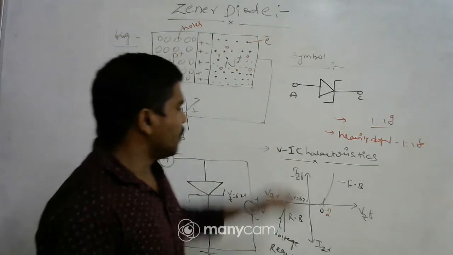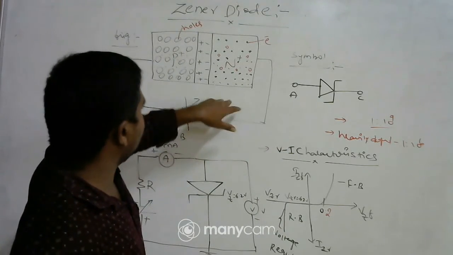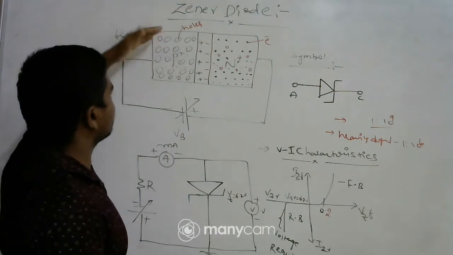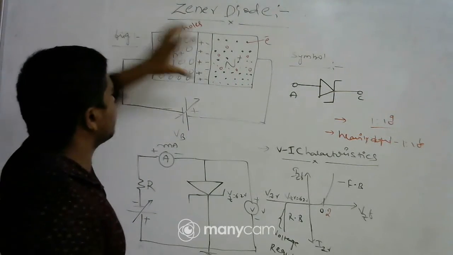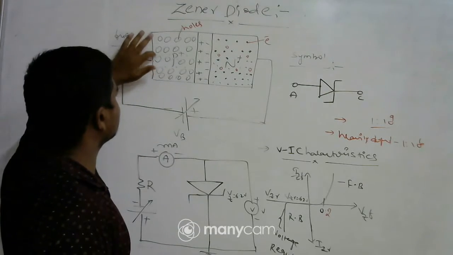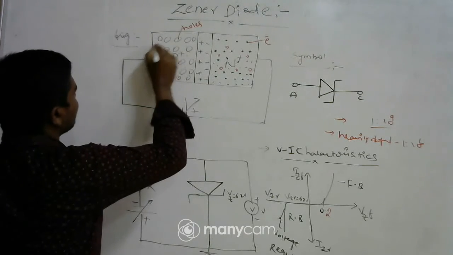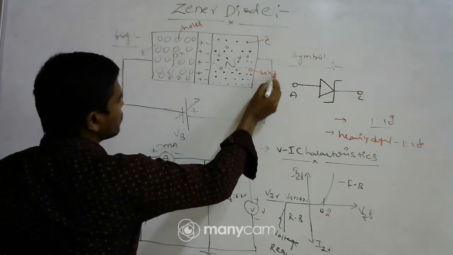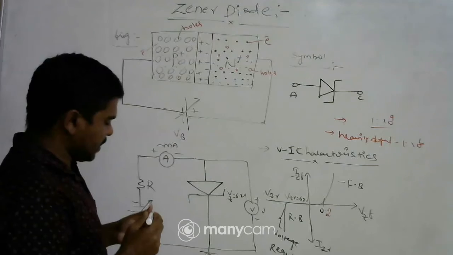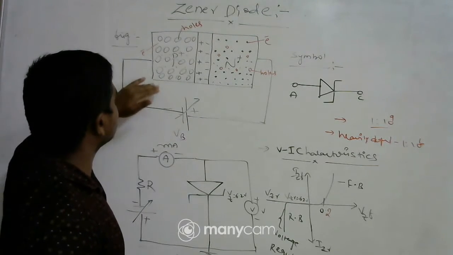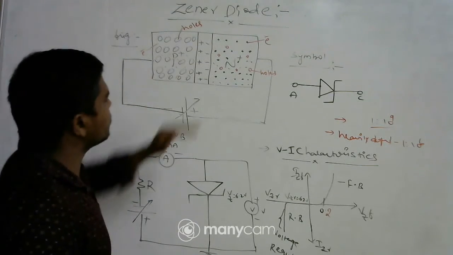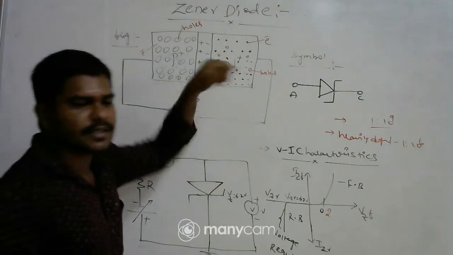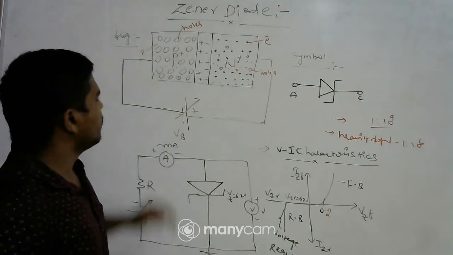You can see the diode's P and N type material. There are more charge carriers in the P region and N region. In the P region, the majority carriers are holes and the minority carriers are electrons. In the N region, the majority carriers are electrons and the minority carriers are holes.